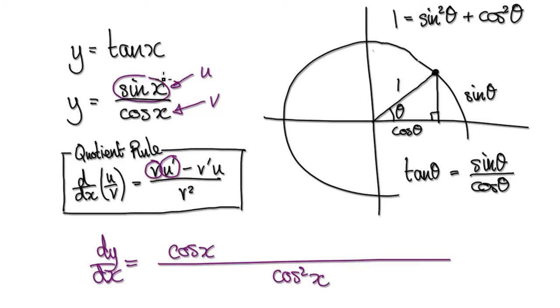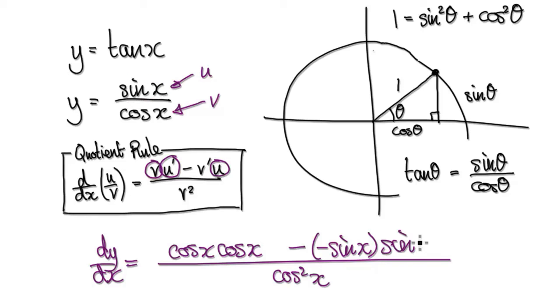That would be cos of x, and then you minus, and then differentiate the v. That would be minus sine of x, and then you leave the u alone. That would be sine of x.